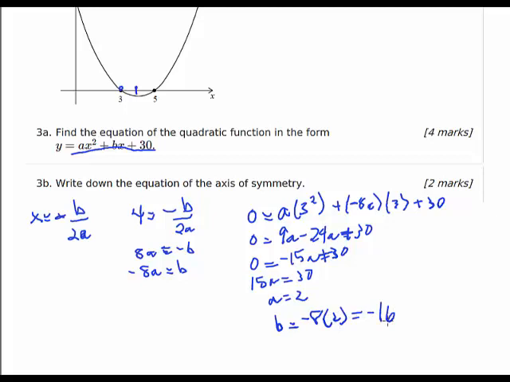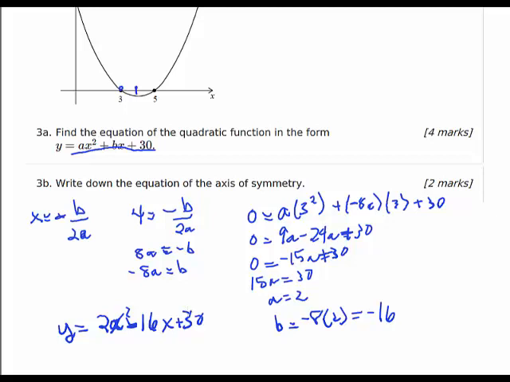And then they want you to find it in this form, so y equals 2x squared, that's a is 2, minus 16x plus 30. So there's one approach to doing this using the axis of symmetry.